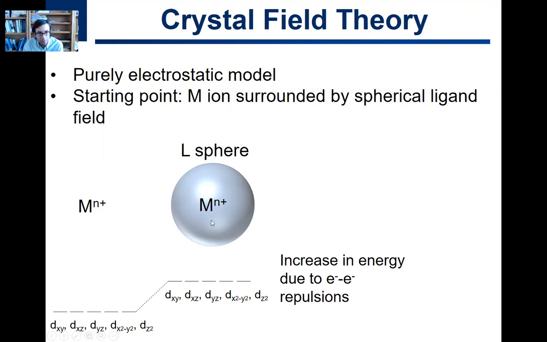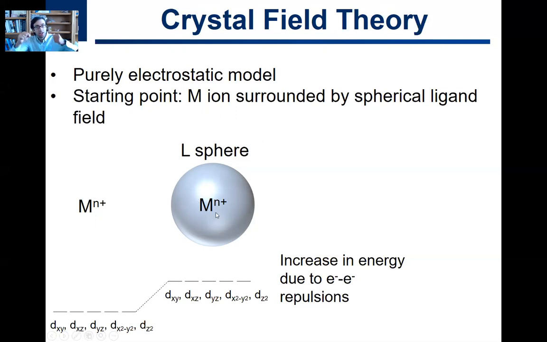And we're just thinking about electrostatics here. We're not actually thinking about bonding. That's what we're missing out on, and we'll do that when we get to molecular orbital theory. But we're just thinking about the negative charge on the electron cloud around all these ligands and the negative charge on the electron cloud of the metal ion.